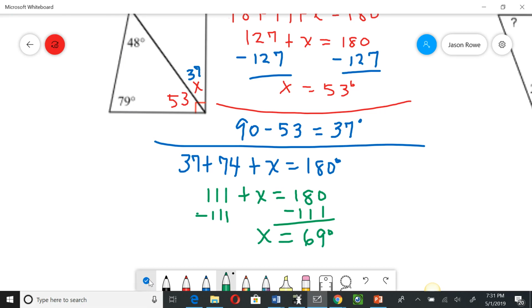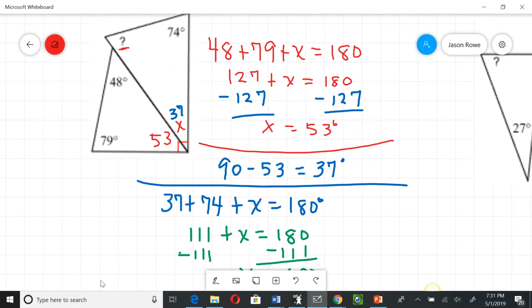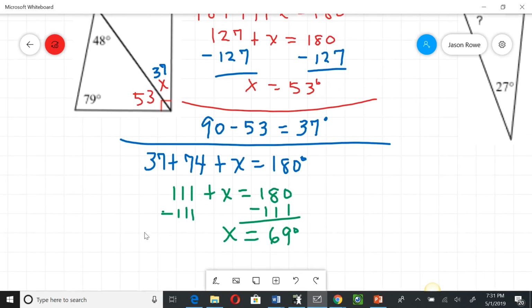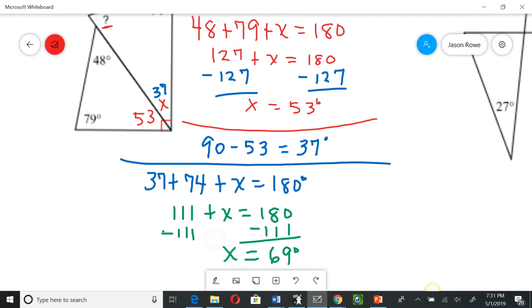So going back to the beginning here, we had a lot to do. We had to first figure out this angle, and then we had to use that angle to figure out this angle, and then finally use that angle to figure out that missing value, which we just figured out was 69 degrees.